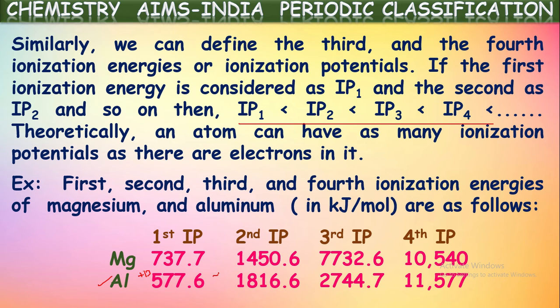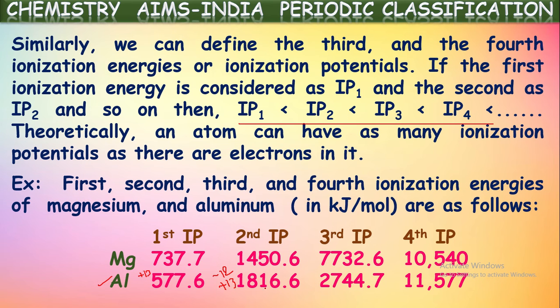The number of electrons becomes only 12 because it lost one electron, but the nuclear charge remains 13 units, isn't it? That means nuclear charge is greater than the number of electrons or negative charge. So as nuclear charge is greater, this will hold the remaining electrons very tightly. That is why the removal of the second electron requires more energy.